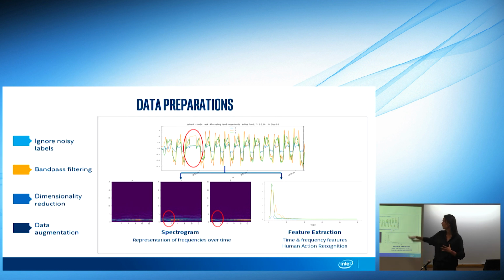We're talking about accelerometer data. A lot of the features that we have extracted are in the time and frequency domain. There are some known frequencies, for example, when talking about tremor, between 3 and 10 Hz is known to be a frequency that is associated with tremor.